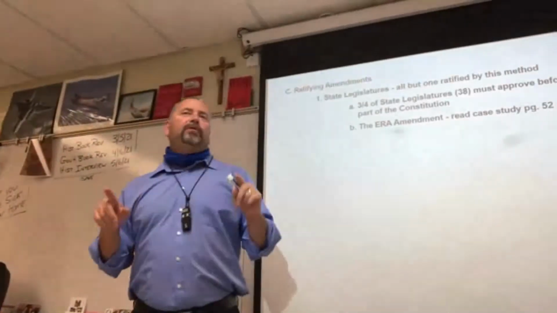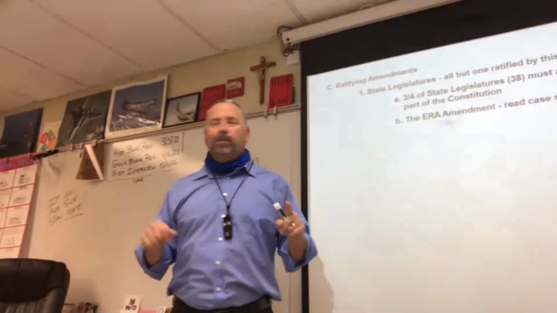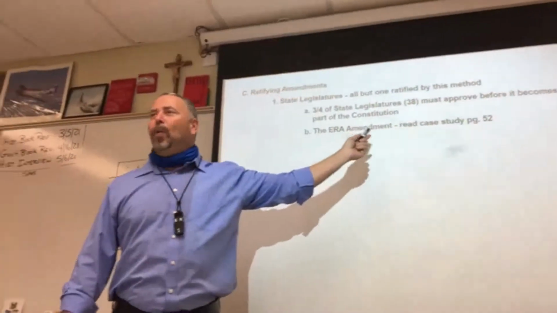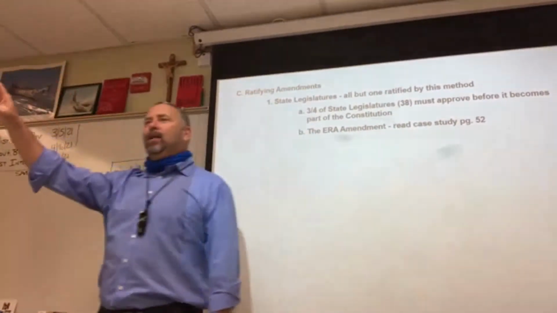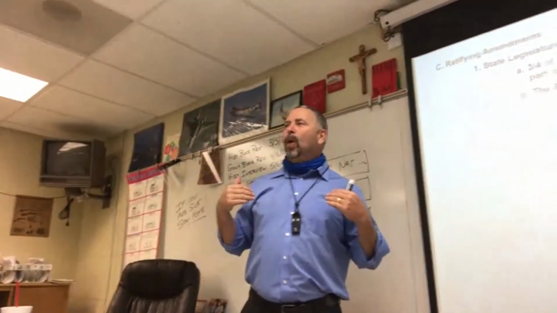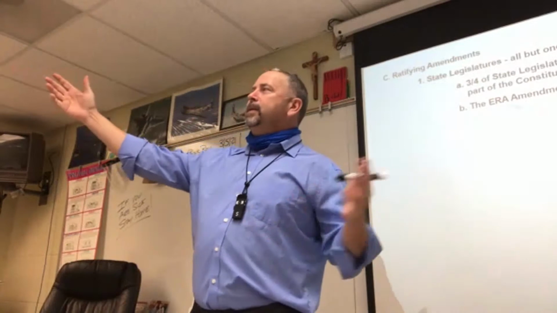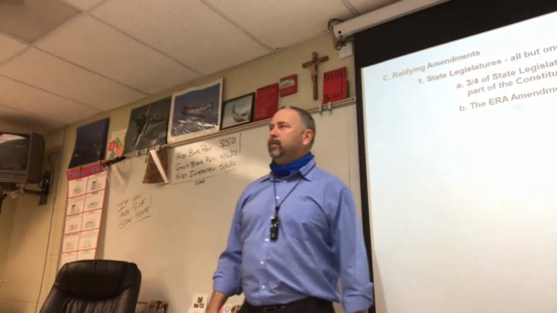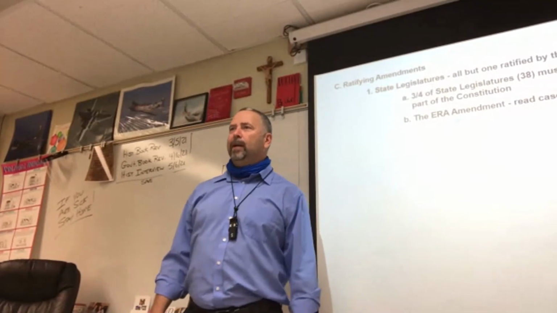You could see possibly 2/3 of both houses of Congress proposing an amendment to get rid of the electoral college. But are you going to get 38 states to go along with that? No way. Because all those small states are going to be like, we're not giving up this power. Any of those with 3 to 9 electoral college votes, you're not going to get those states to ratify this. You need 38, okay?